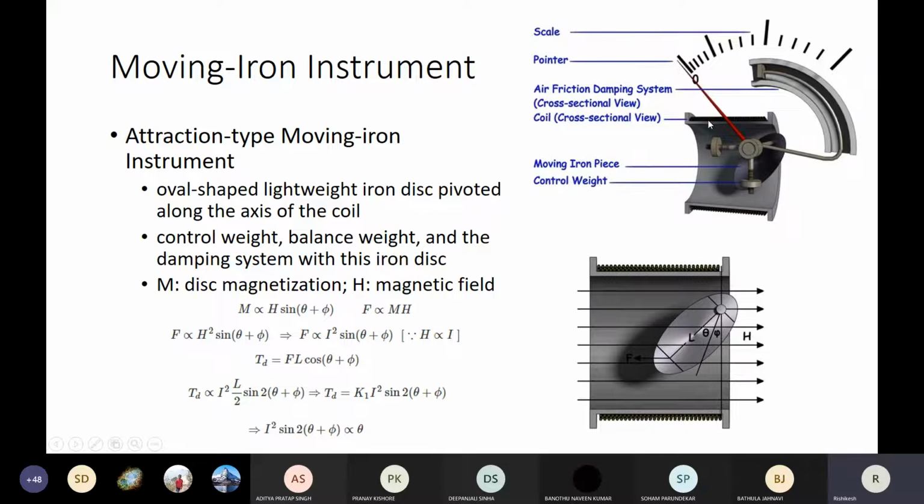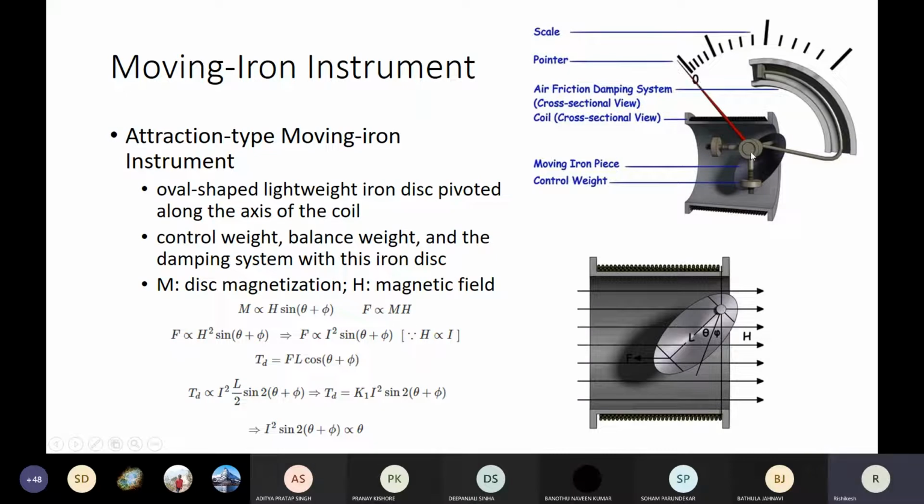The coil carries the current, which develops a magnetic field inside, and depending on the magnetic field, the moving iron piece which is pivoted here moves. These are counterweights to balance the weight of the pointer and the moving iron piece, and along this axis you have a pointer attached to it, right?